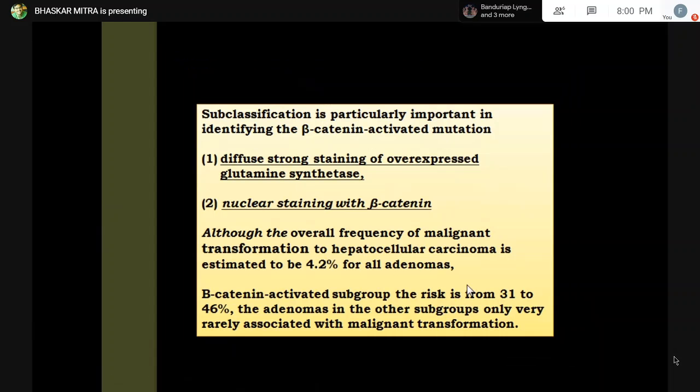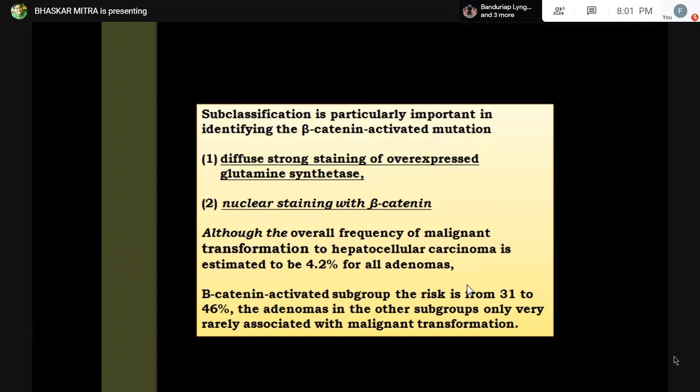Now, why should we know this? Because we have to differentiate this beta-catenin activated mutation induced hepatocellular adenoma from the other ones. How can we differentiate it?